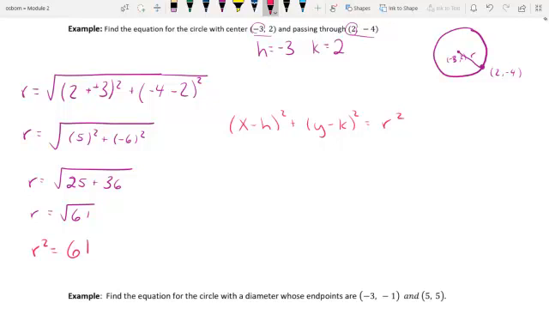So at this point we have everything we need to find the equation of the circle. We have x minus the negative 3, which turns into a positive 3, squared, plus (y - 2)², is equal to r squared, which is 61.